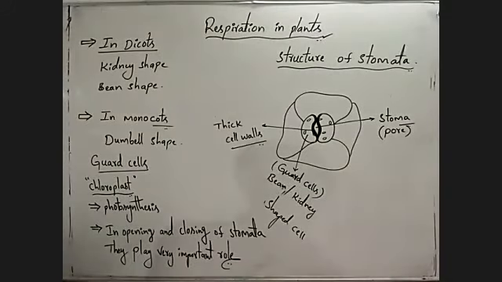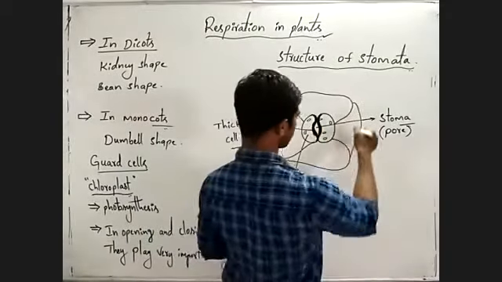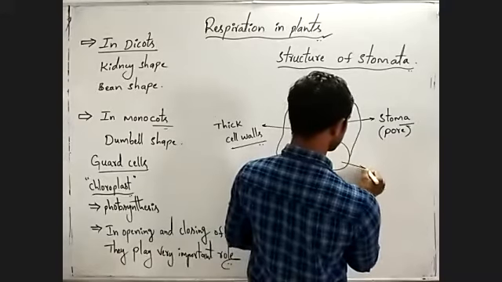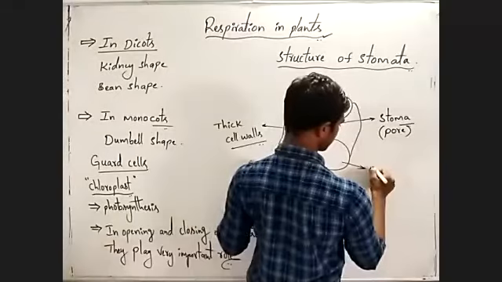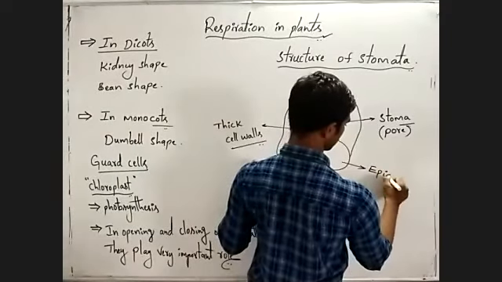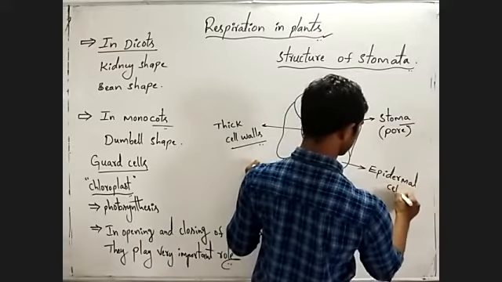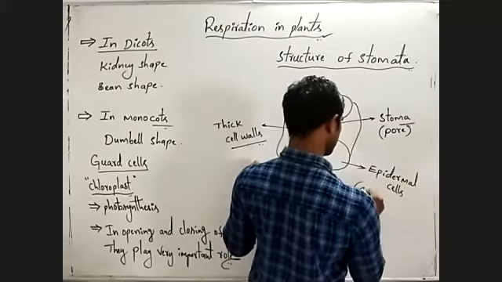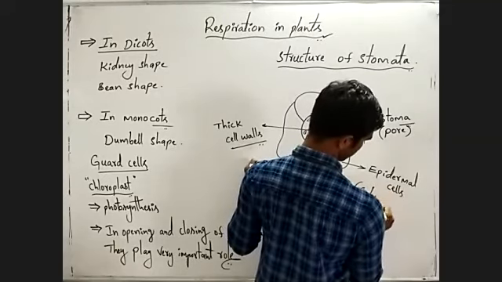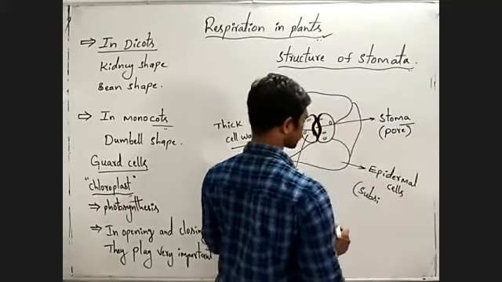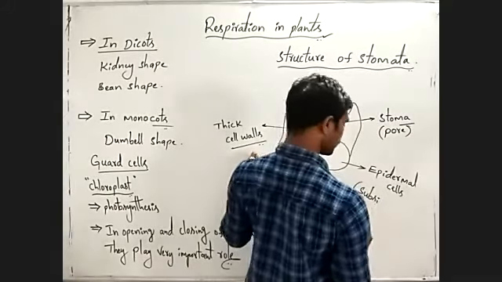Are you understanding? Next, guard cells are surrounded by some special epidermal cells. These are called subsidiary cells.